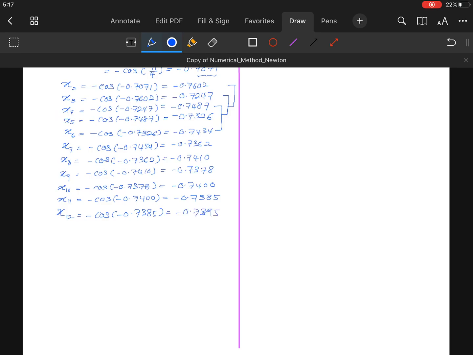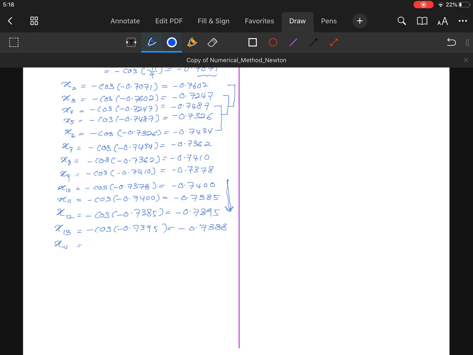It looks like the values are much more similar now. So let's continue. Cos of negative 0.7395 gives you negative 0.7388.